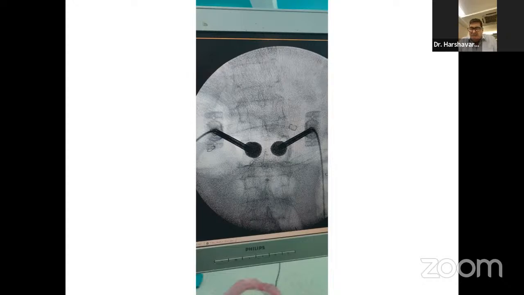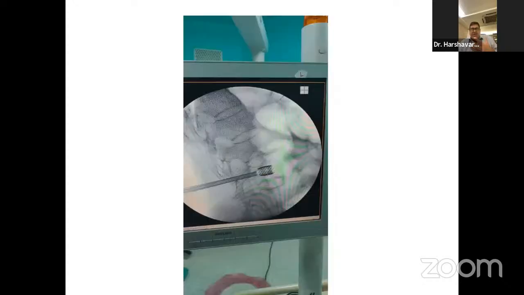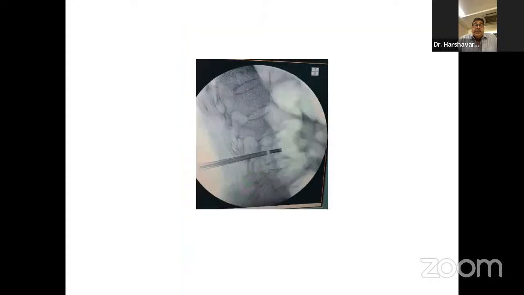So the company makes it very well. It's a Johnson & Johnson product. And you push it through the same hole, put it in the level you want and blow it. Now this time, you've got a stent supporting the broken vertebra. And that makes it more stable. Next slide, please. Next slide.